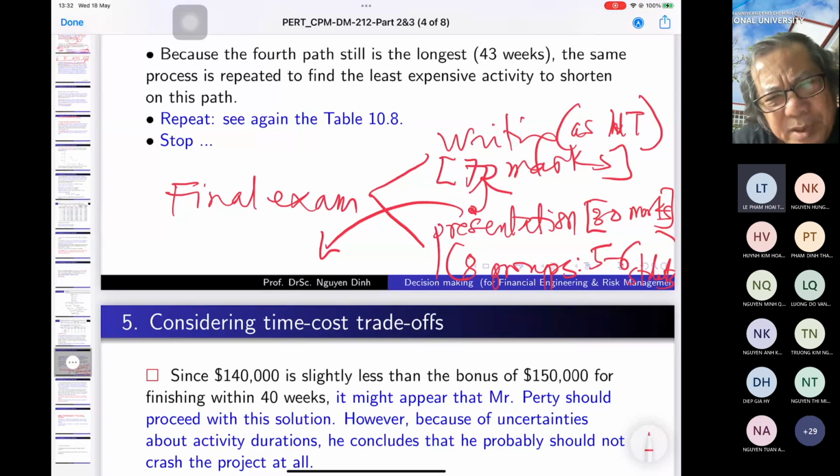At the end of this class, or maybe next week, I will arrange the presentation topics for you. You will have maybe 4 topics, so it is easier, and for each topic 2 groups will make presentations. So it is better for all students in the class to understand the topics carefully.